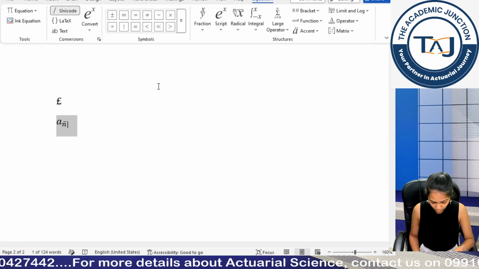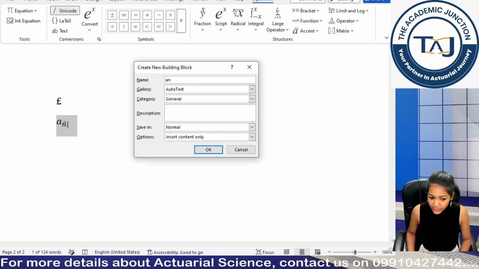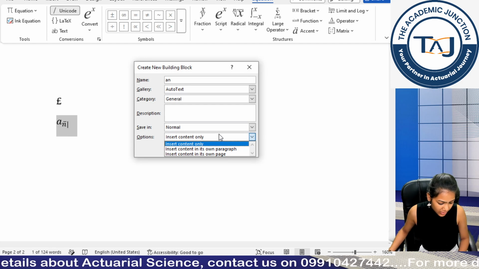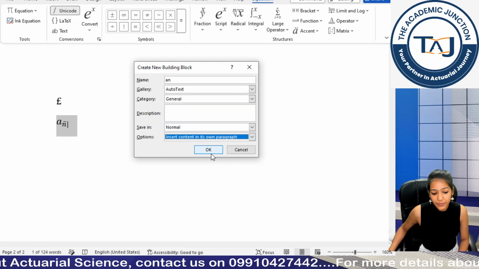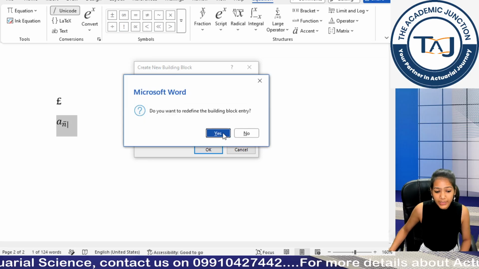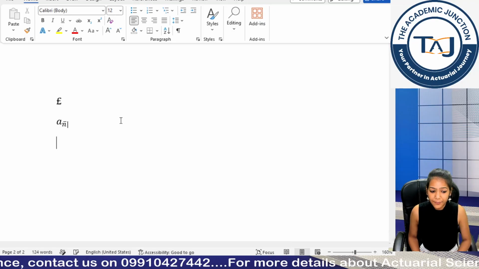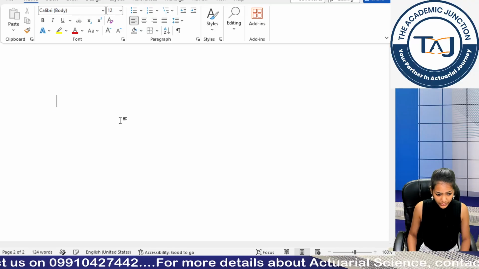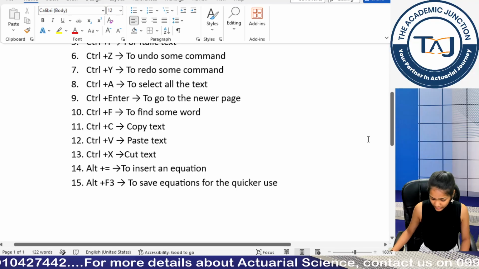So I would do Alt F3, then assign the name AN to it, then change this to insert content only, insert content in its own paragraph, then OK, then yes. Now whenever I write AN and then press F3, we get this. So this is also clear.